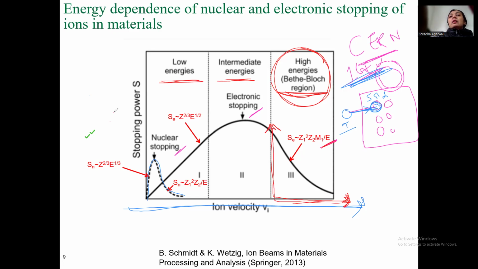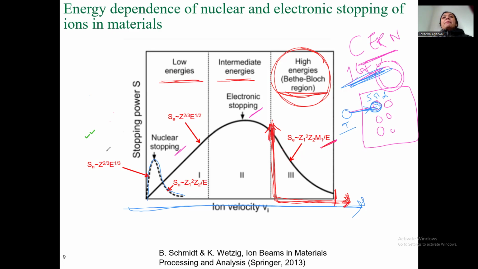When the ion velocity comes, the interactions start happening like this, so it has to reach a certain energy to make this kind of behavior.